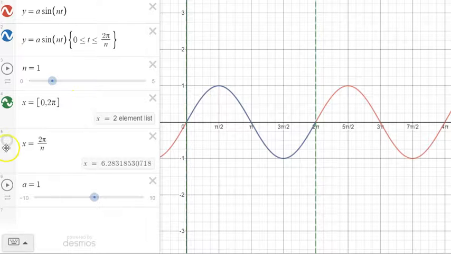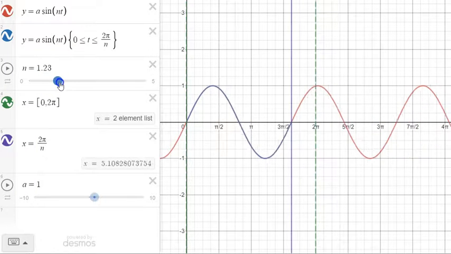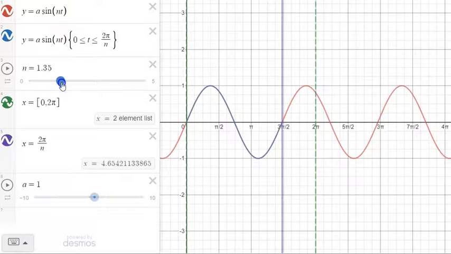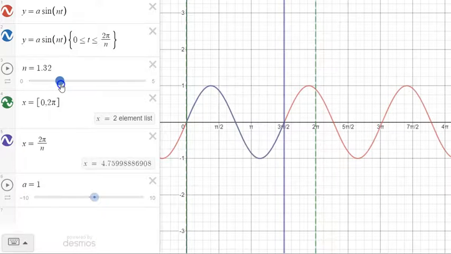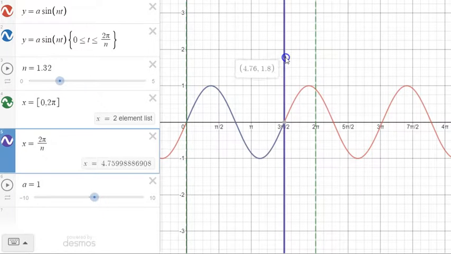Consider if I turn the period on now, so I'm going to get x equals 2 pi over n. This purple line is going to mark the period of this particular function, y equals a sine nt, where a is set to 1. If I increase n by 1.32, we get a period of 4.76 radians.